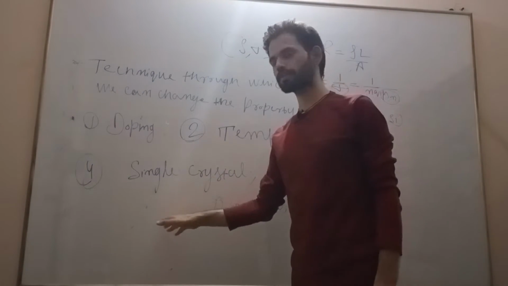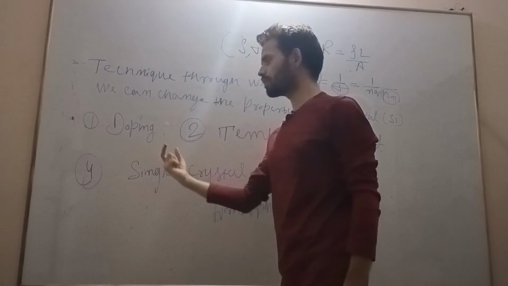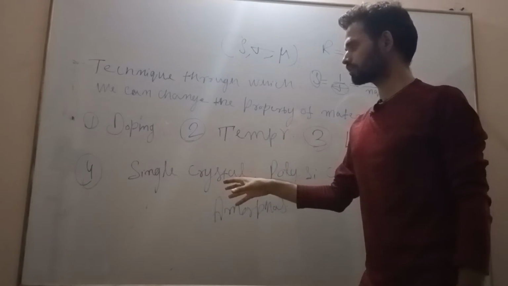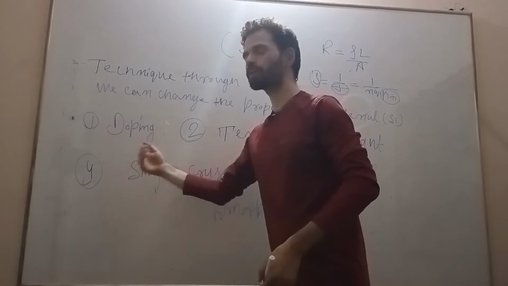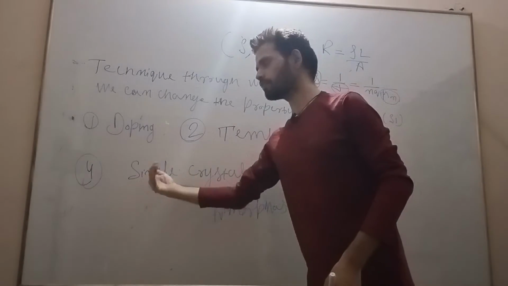What is the lattice? Lattice is where the atoms are arranged in a periodic manner, repeatedly in a periodic manner.